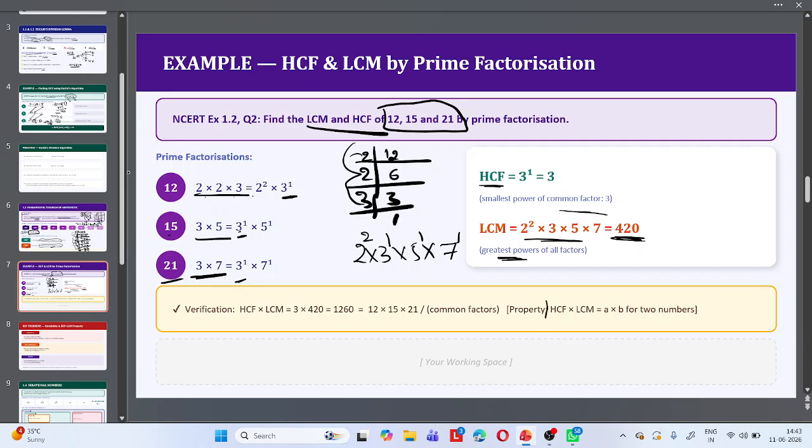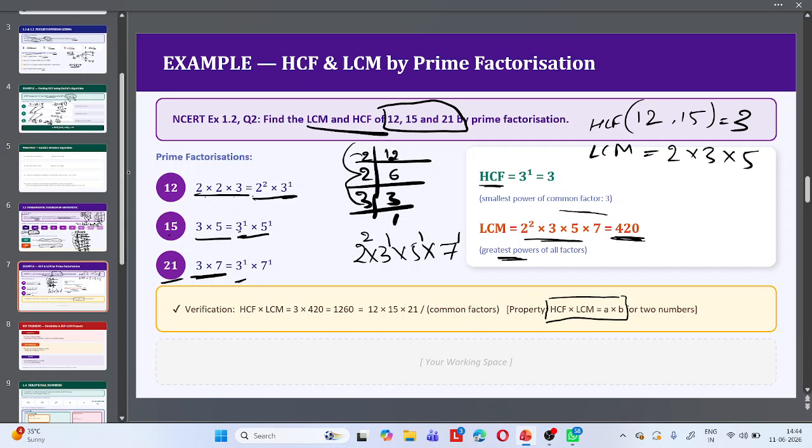One more property is there, that is the HCF into LCM of any two given integers is equal to the product of those two integers. Here we take 12 and 15. Understood? The common factor of these two is 3 and the smallest power is 1, that is 3. LCM for these two: first we write every prime factor, that is 2 into 3 into 5.